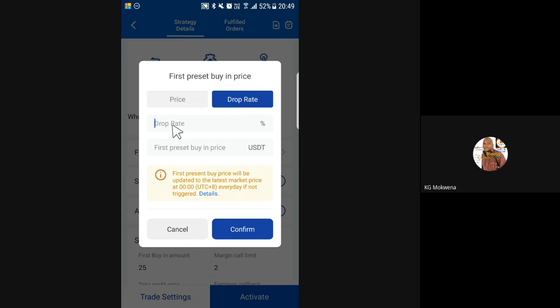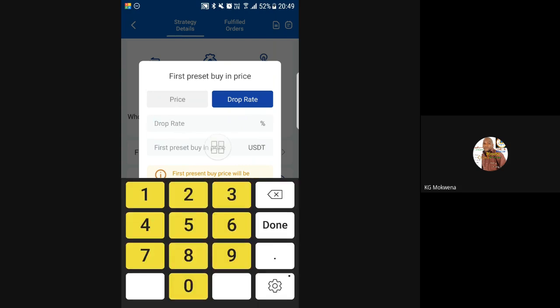Let's say when I put, say, 15%, can you see it shows us 21. It goes back to where we bought at. Then let's increase that to, let's say, 30. Oh, so it means this is a significant dump actually.